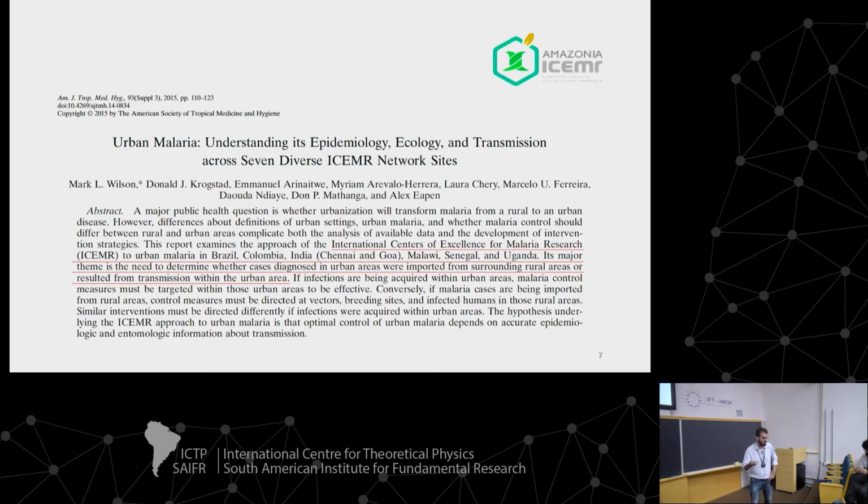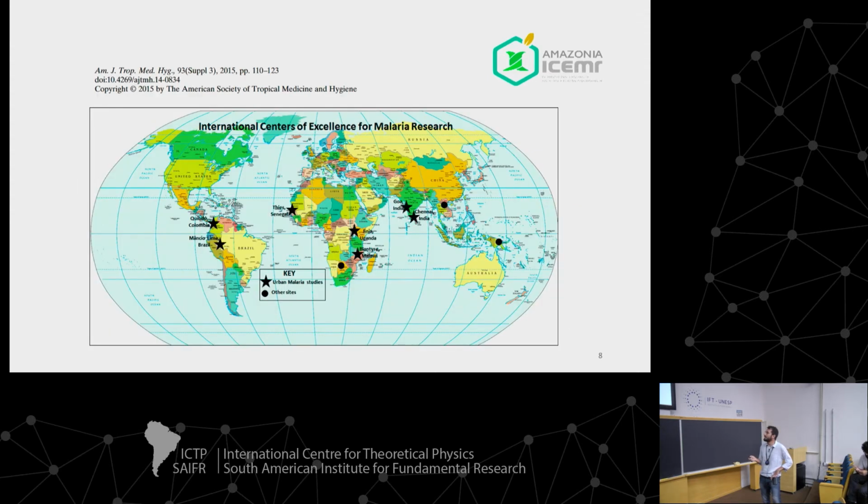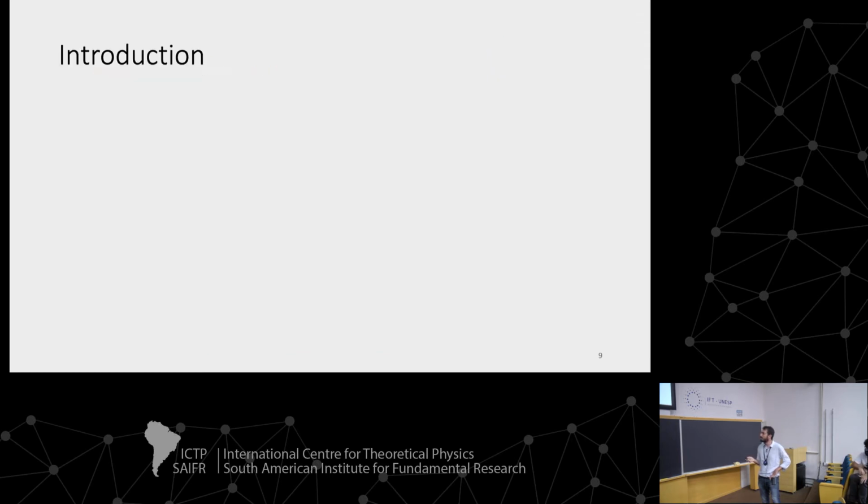That is something new in the world. Usually malaria was mainly in rural areas, and now we can already see transmission in urban settings. So we try to understand this. In this ICMR, we are studying malaria in different parts of the world. Here we focus on Mancio Lima.